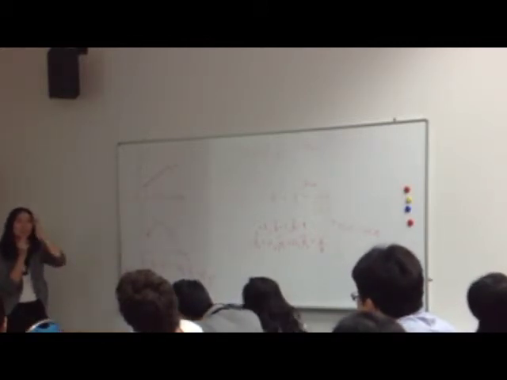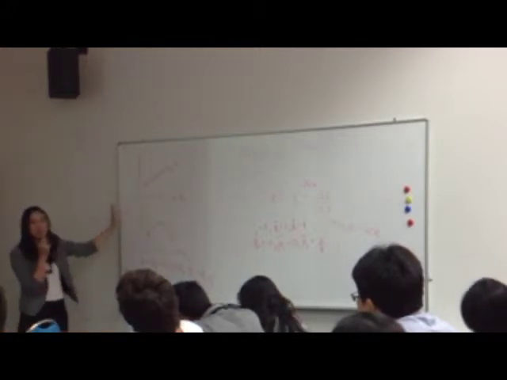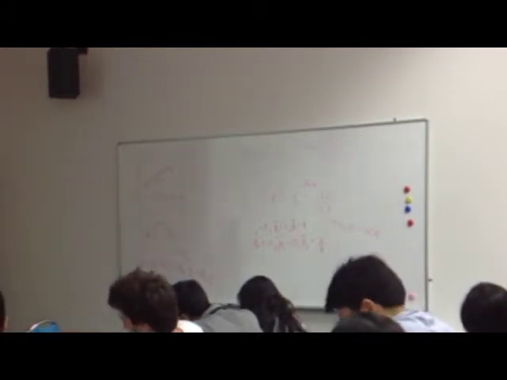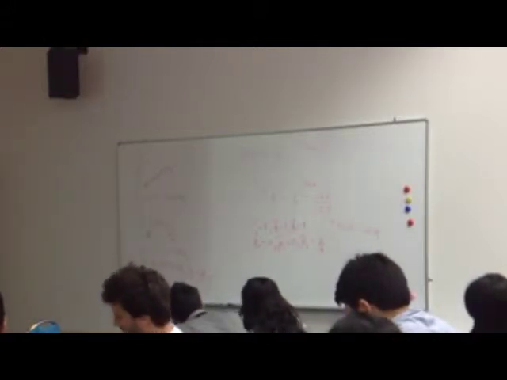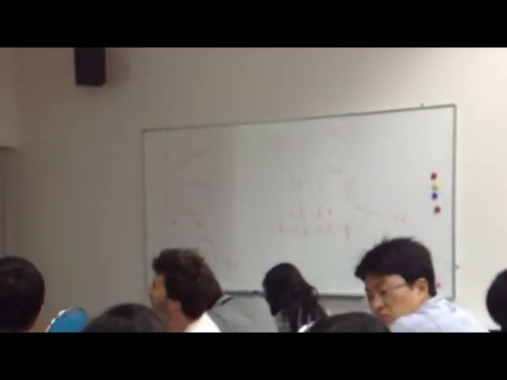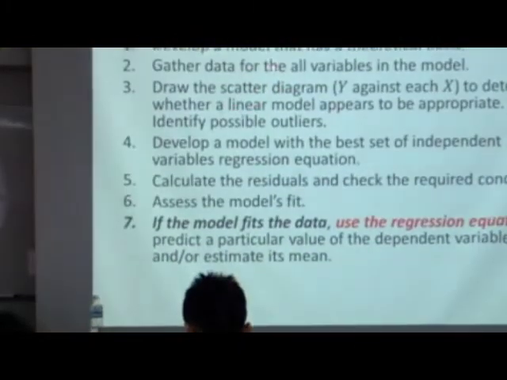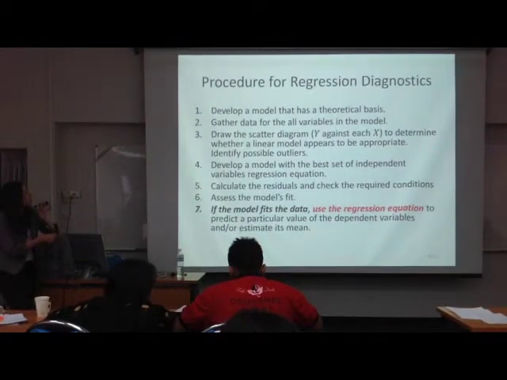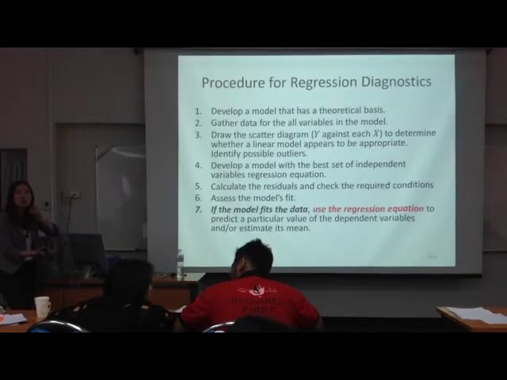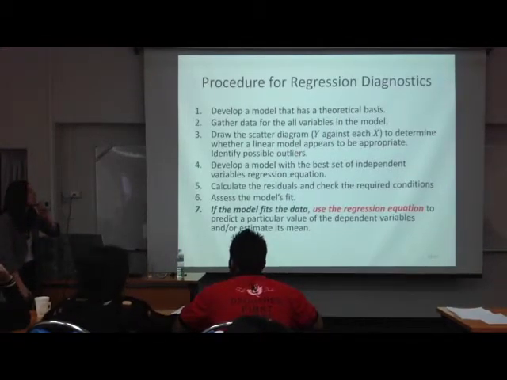So the scatter plot can only reveal the marginal relationship. And then you use the scatter plot to determine what should be the appropriate model for your data, right?